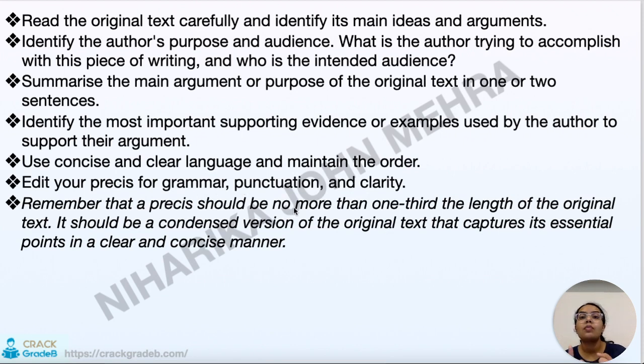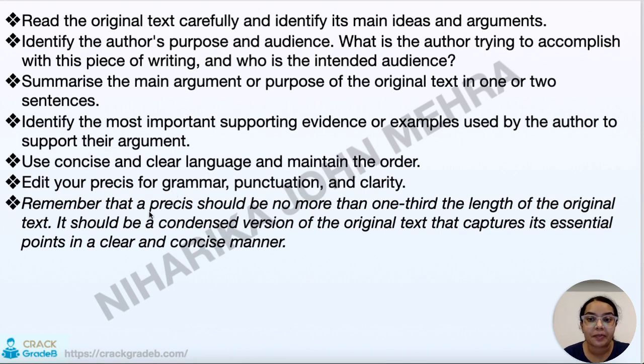Punctuation marks, full stop, comma, inverted commas, where to put, where not, and clarity is required. So please make sure that grammatical mistakes and spelling mistakes are avoided. Don't use short spellings, like writing 'u' instead of 'you'. You cannot go ahead with texting language when it comes to the exam.